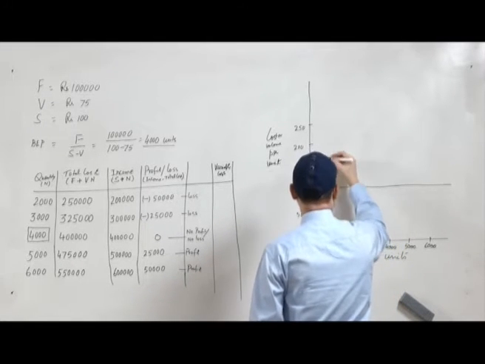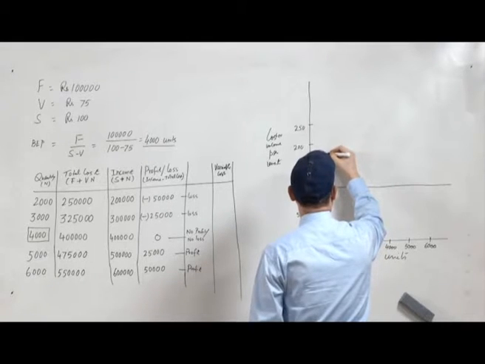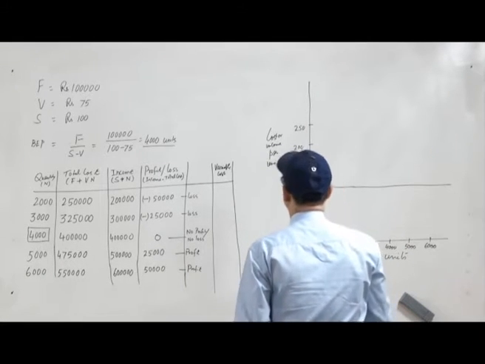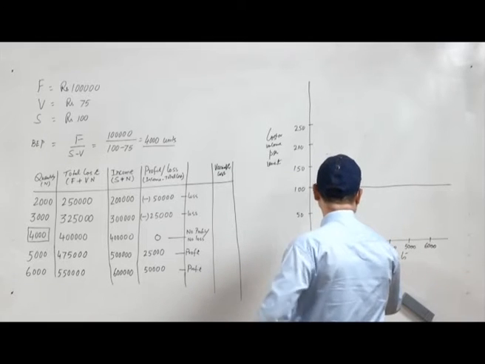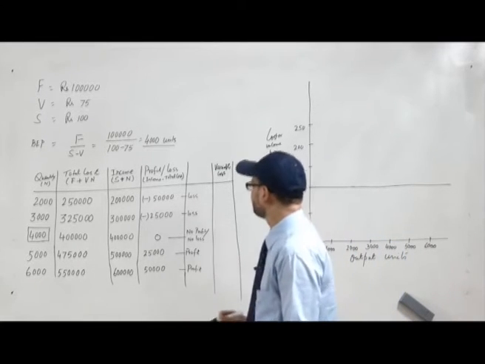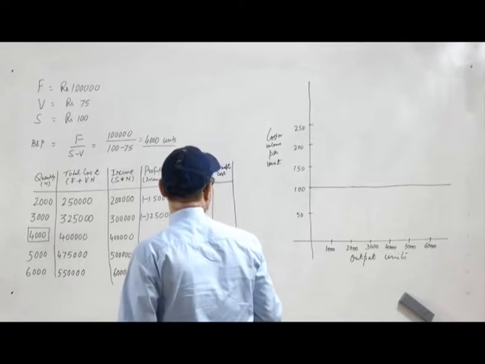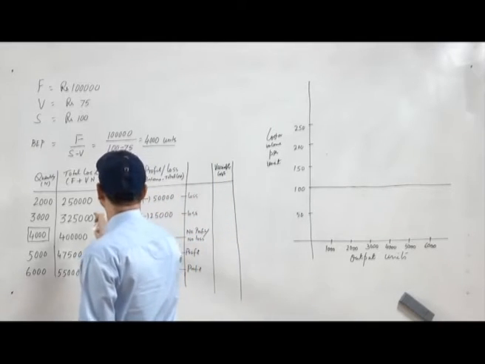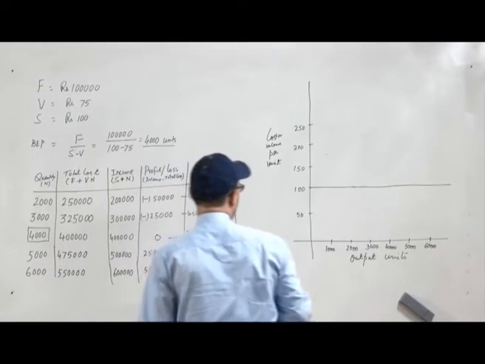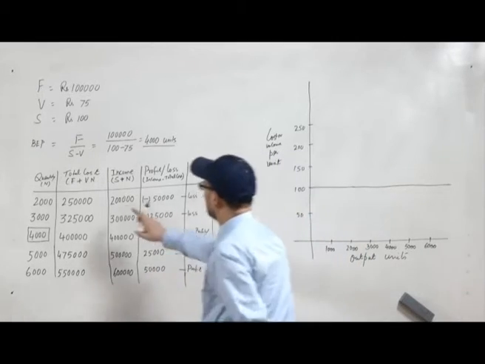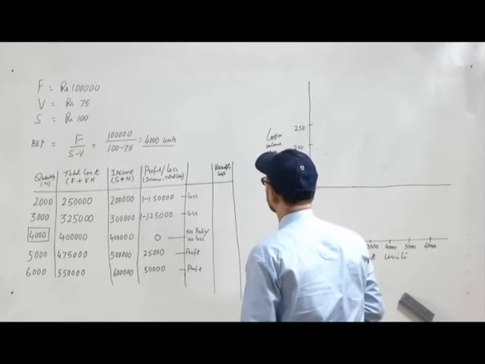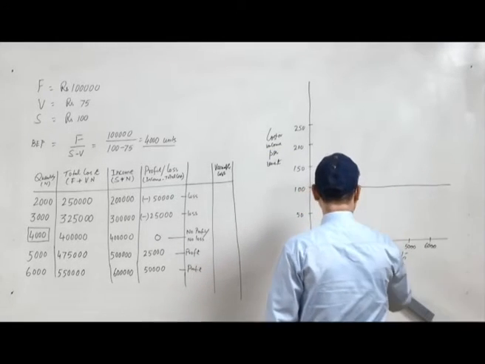So, it will go somewhere here. Now, for 2000 units the total cost is 2,50,000. So, per unit output 2,50,000 divided by 2000 is 125. So, it will be here.